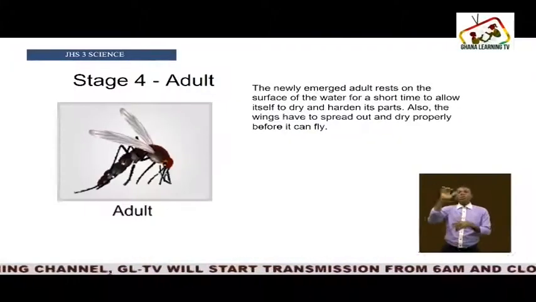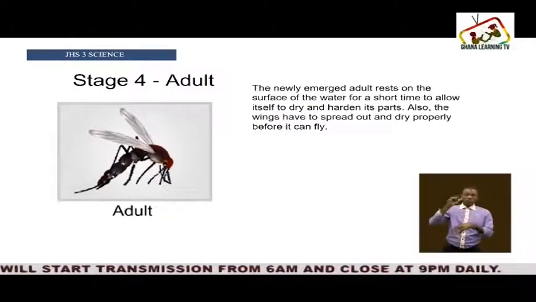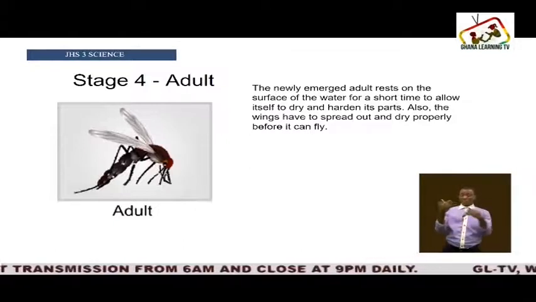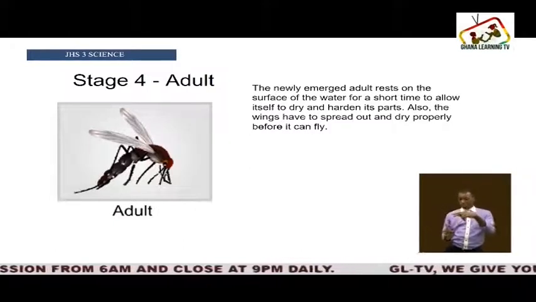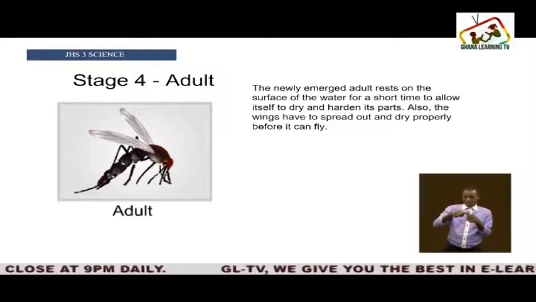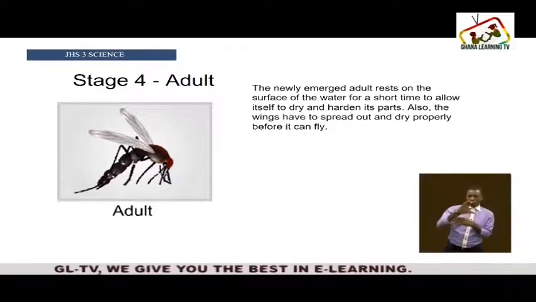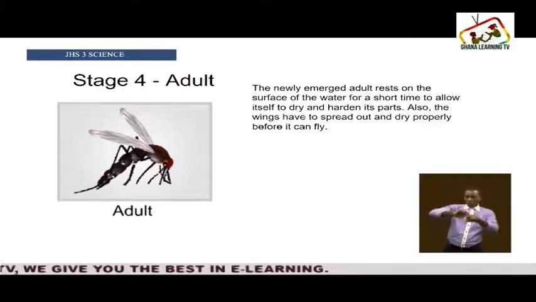And the final stage is the adult mosquito. So here, the mosquito emerges from the pupa, that's from the cocoon of the pupa, spends some time on the surface of the water, waits for some minutes before the wings dry, and it starts its journey from there.